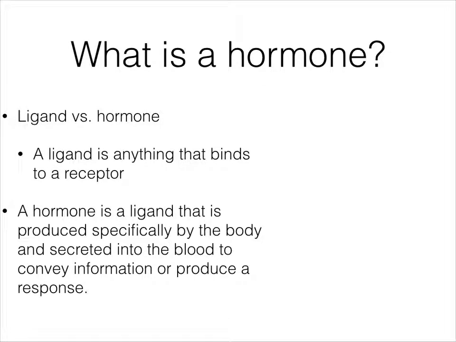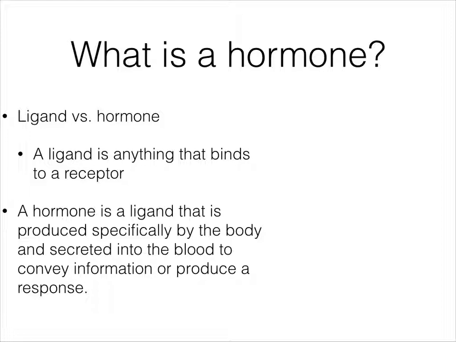So far, we've talked a bit about hormones, but mostly we've been talking about ligands. So, receptors bind ligands, but what is a hormone specifically? Well, all hormones are ligands because they all bind to receptors. A ligand is anything that binds to a receptor. But hormones are a specific class of ligand.